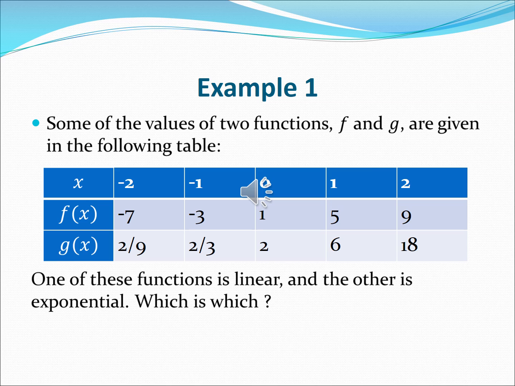Example number 1. Some of the values of two functions f and g are given in the following tables. One of these functions is linear and the other is exponential. Which is which?